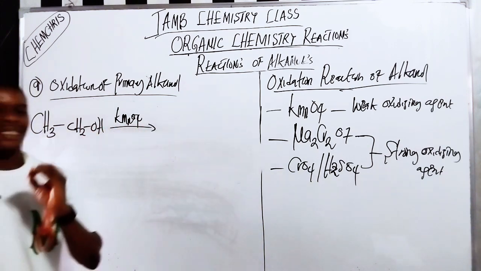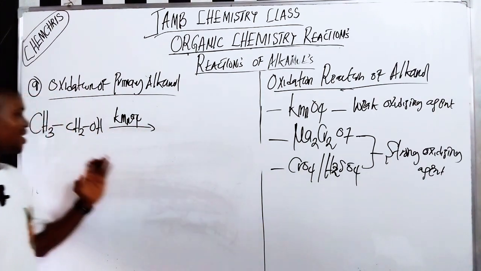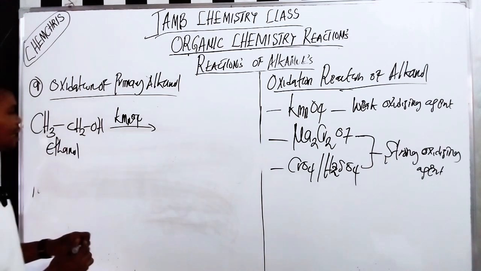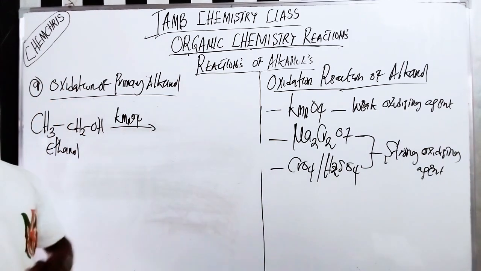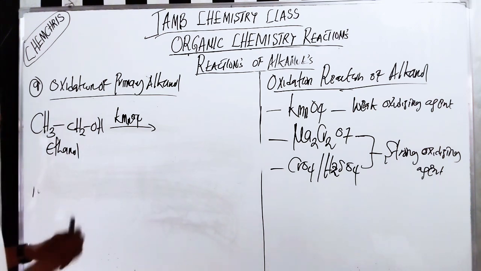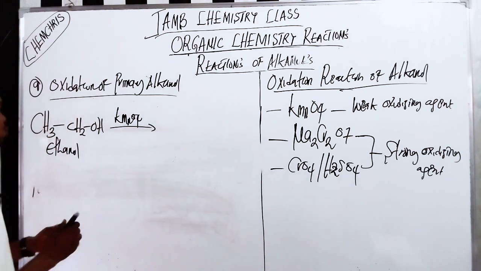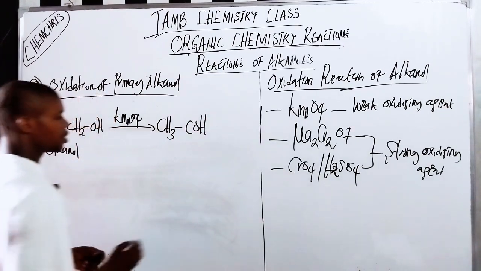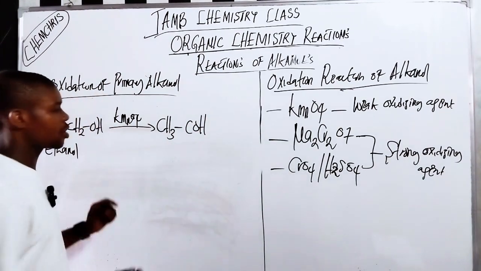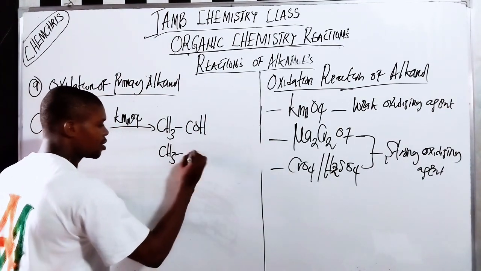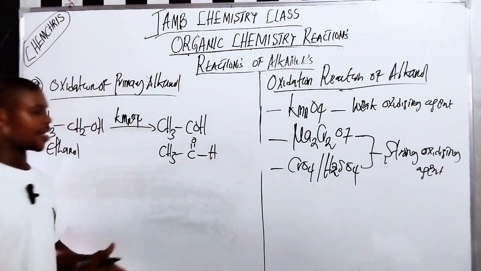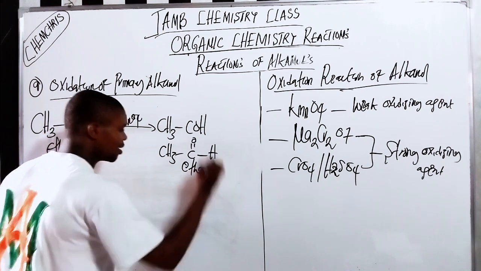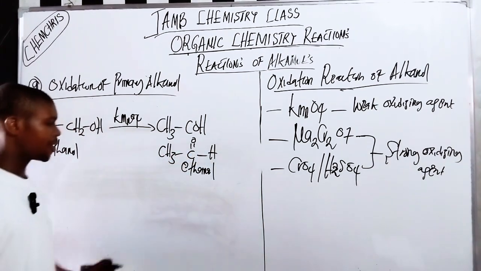Because KMnO4 is a weak oxidizing agent here, this ethanol is oxidized by removing these two hydrogens, so we have CH3COH, which is just the same as CH3CHO. It's called ethanal.